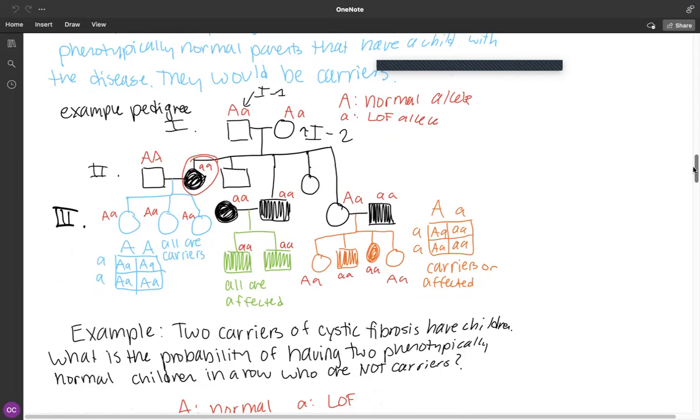And I've done the Punnett squares for you as well to show you the different probabilities here. And I highly recommend every time you're looking at a pedigree that you just try to draw some simple Punnett squares just to make sure you understand how the alleles can be passed on and what it means for the phenotypes of the offspring.